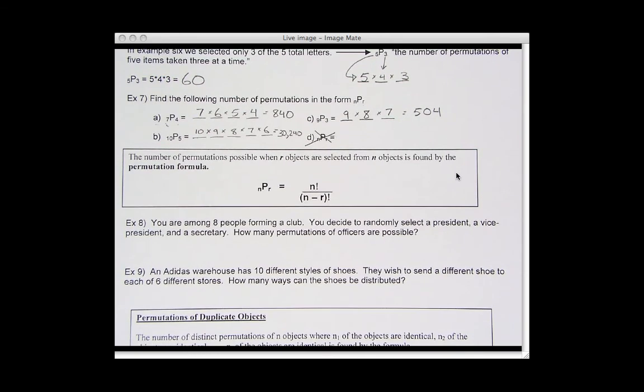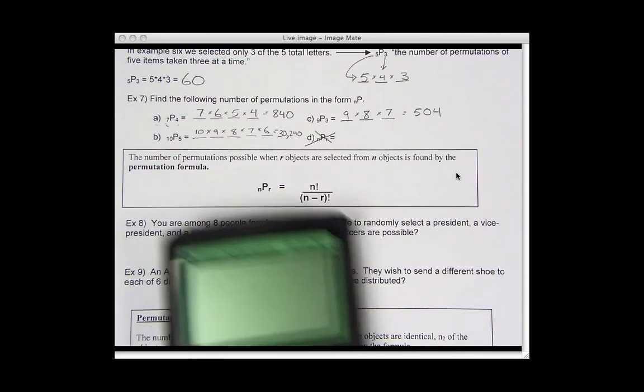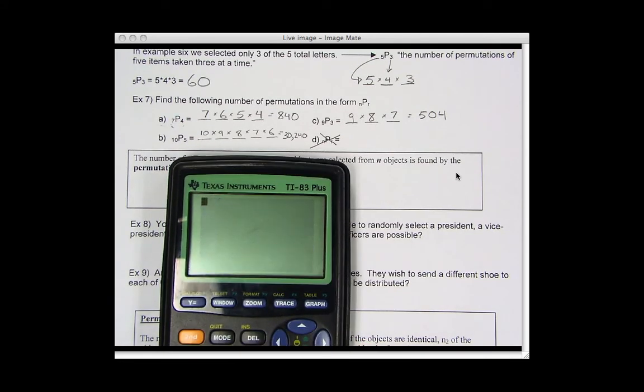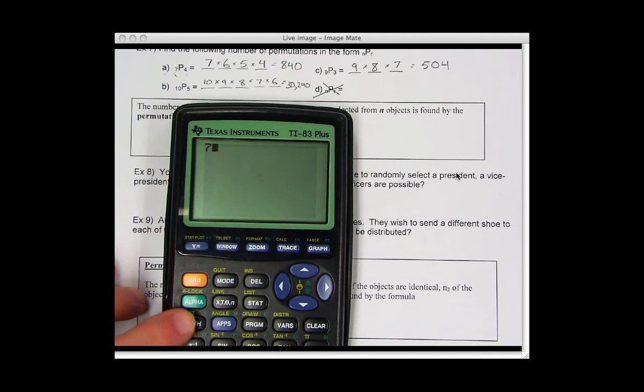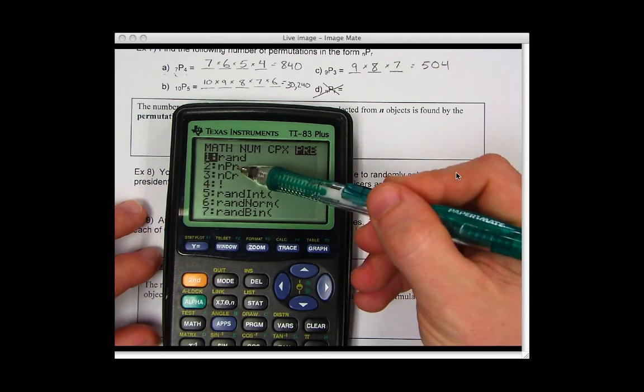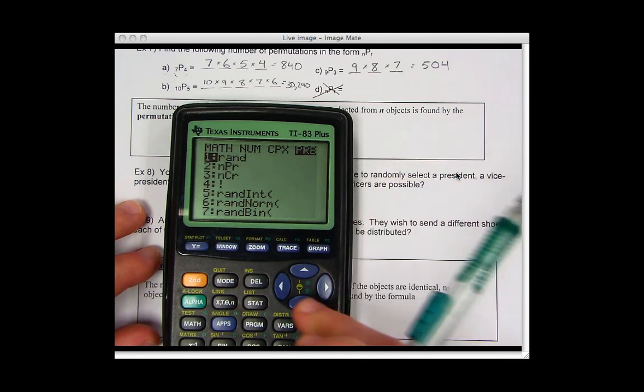Okay, so let me show you how to do that now. And let's try it with 7P4. So in your calculator, you want to just start off by pushing the number 7. And we're going to go back to the probability menu. So hit the math, go over to PRB, and then you can see right here nPr, and that's permutations.